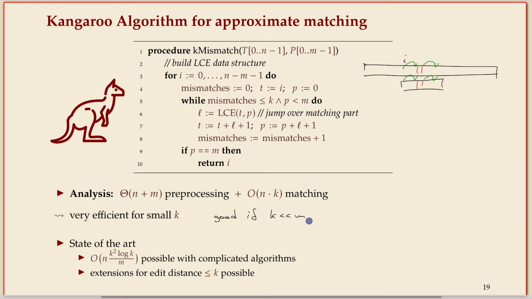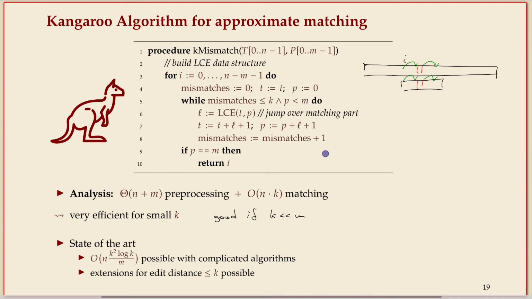Unfortunately, people have proven that you can't do much, much better. It just seems that these problems where you try to find inexact matches, they're substantially harder than the exact matches. And there are lower bounds that you cannot get around easily. People improved this to more complicated runtimes with much more complicated algorithms. This is just for your curiosity.